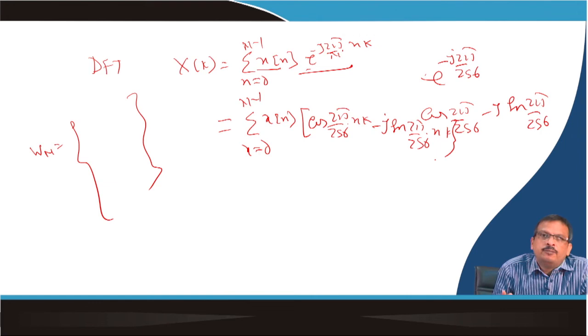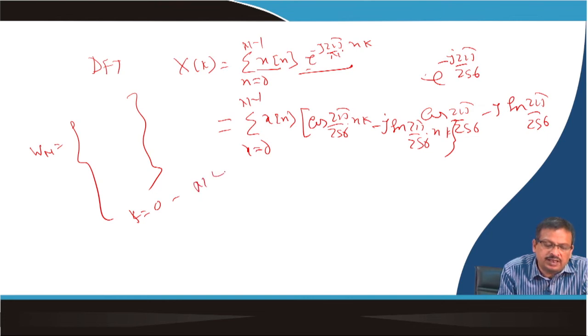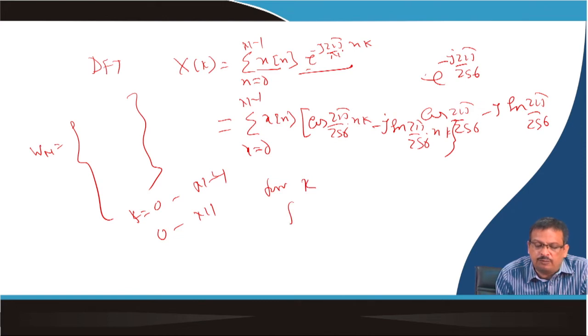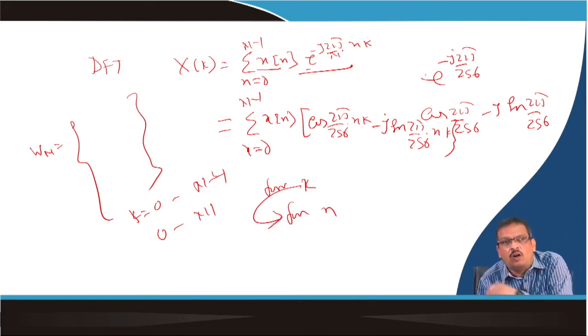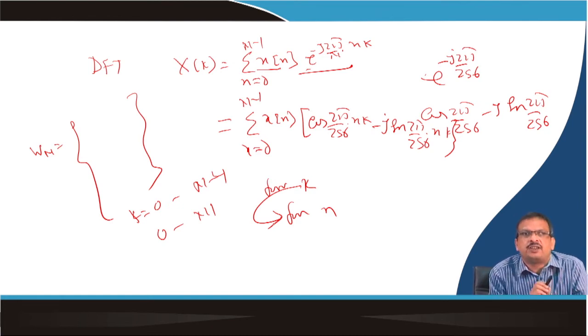So you have a for loop, first k from 0 to n minus 1. The second for loop will calculate it for every k, which will vary from 0 to n minus 1. So I have a nested for loop, first for loop for k and second for loop for n. For every k I have to calculate all n products and sum.